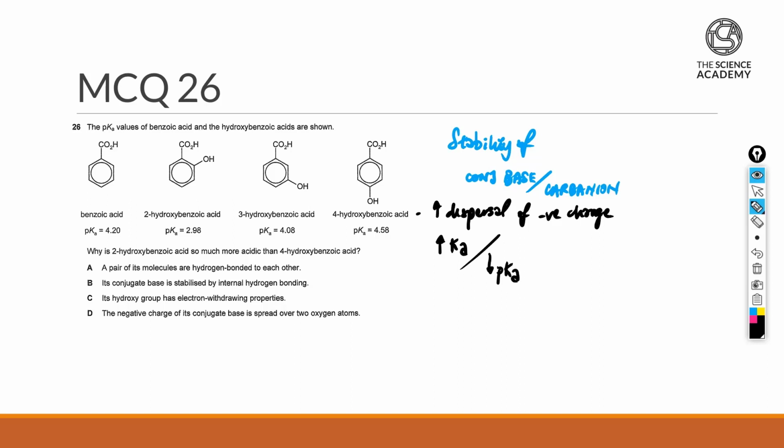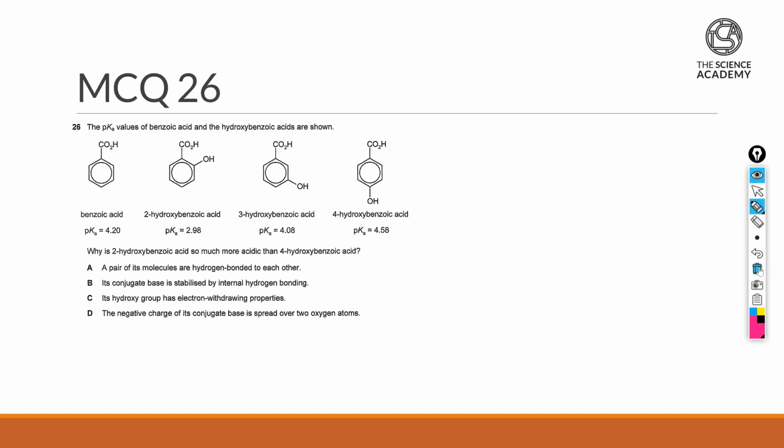So the question asks, why is the 2-hydroxybenzoic acid much more acidic as compared to the 4-hydroxybenzoic? You can see that we are dealing with a 2.98 pKa for the 2-hydroxybenzoic, but a 4.58 for the 4-hydroxybenzoic acid. So let's first start off by drawing its conjugate base.